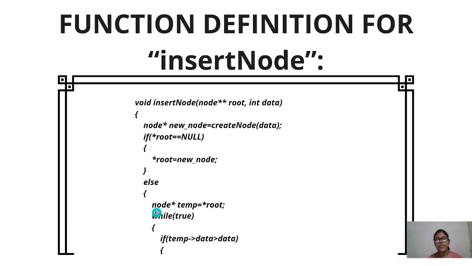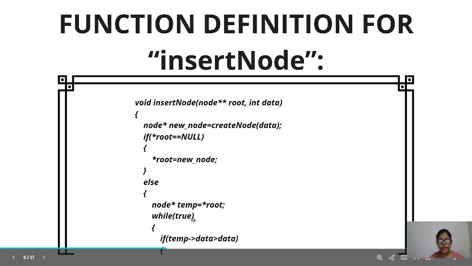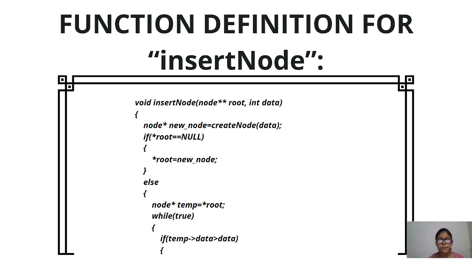Node star temp will store the address of the value, not the address of the root itself. It will store the address of the value, so that we can reach the value when required later.